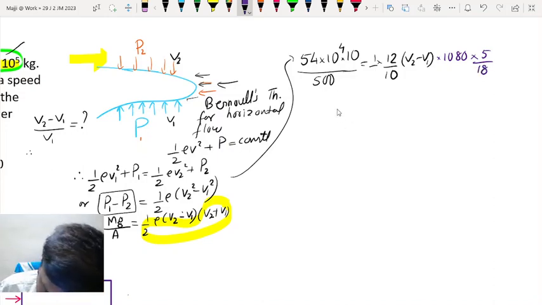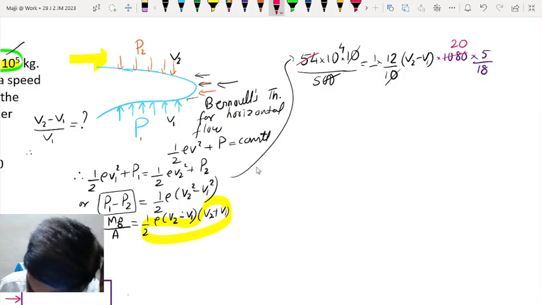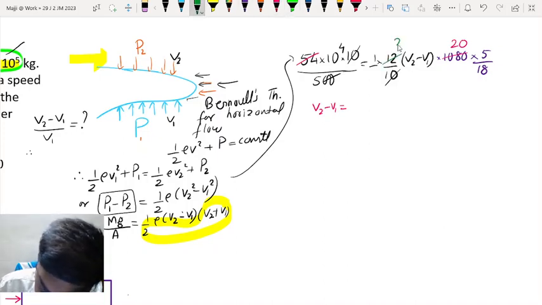Then here we will be getting two zeros cancelled here. 5420 is then V2 minus V1. 6 2s are 12, 6 3s are 18.